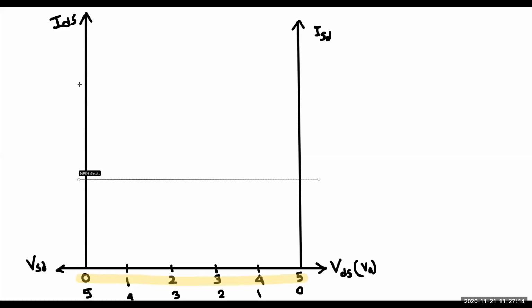This is 100. This is 200. Maybe this is 250. So I divide my scale something like this. Not 240, 250.